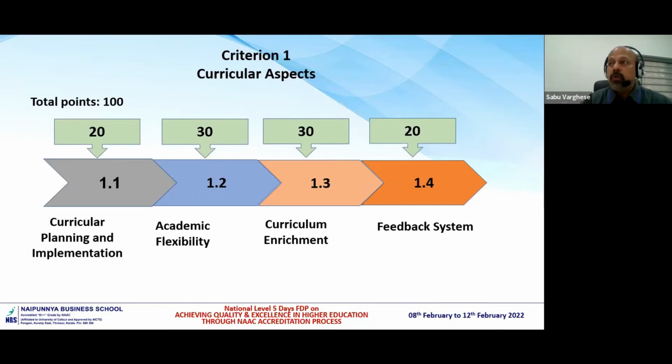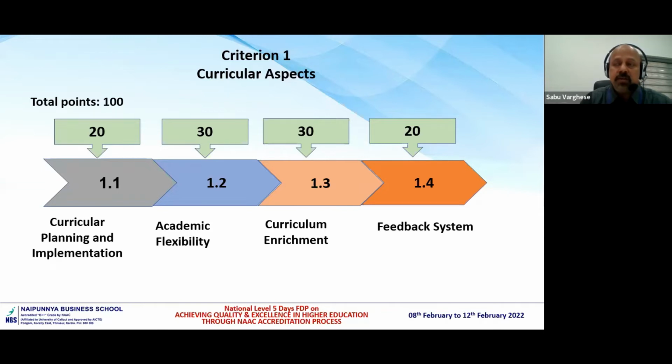And the total points for this criterion is 100 points. This is a criterion in which you can score a lot of marks, because this is something that is essential for any educational institution. If you are very strong and doing very well in academics, with proper documentation, proper process and procedure, then you can score marks.